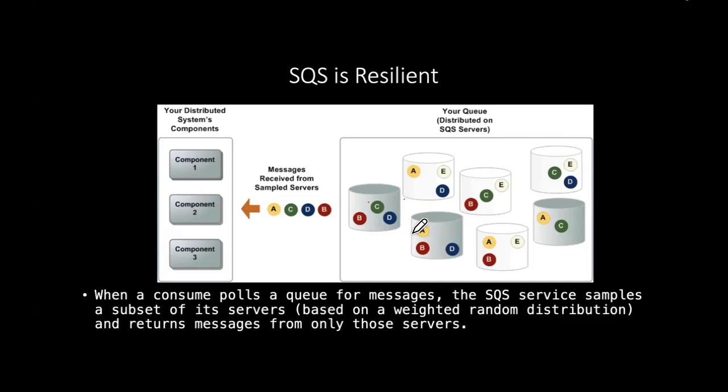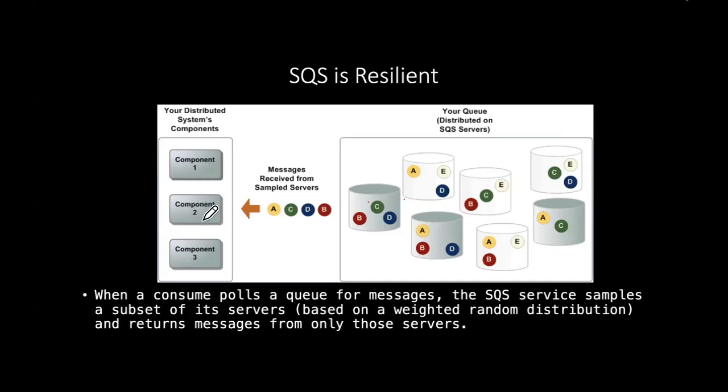Something I didn't mention at all, and it really goes back to the very early days of SQS. You can see here I have three consumers. Technically, you can have more than one consumer for a queue, but the way queues work is that only one consumer will be allowed to process a message.